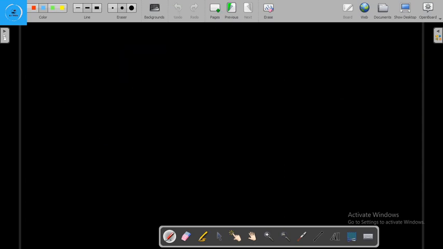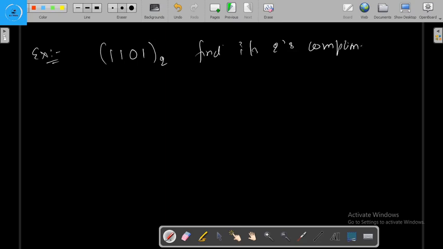Next, let's move to another example. Here the question is 1101 base 2, to find its 2's complement. For finding the 2's complement, first we have to find the 1's complement.